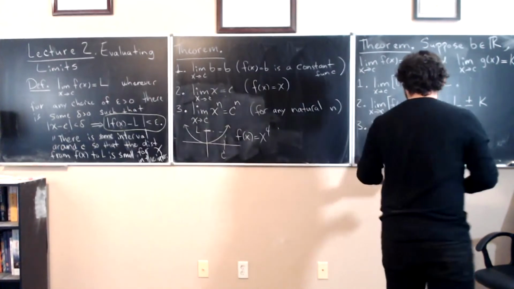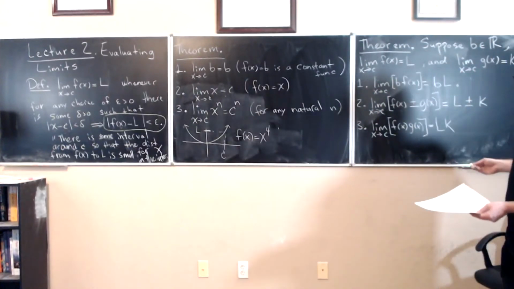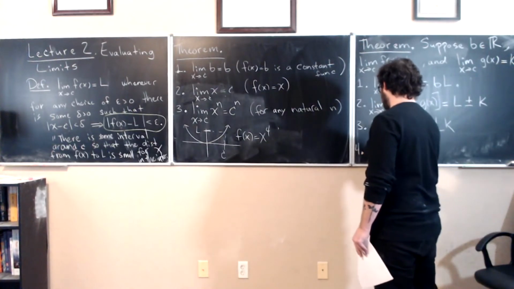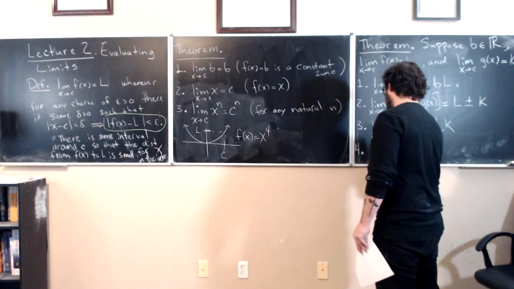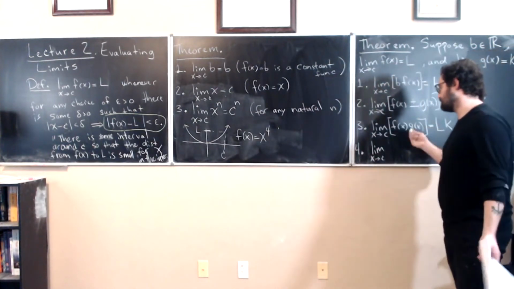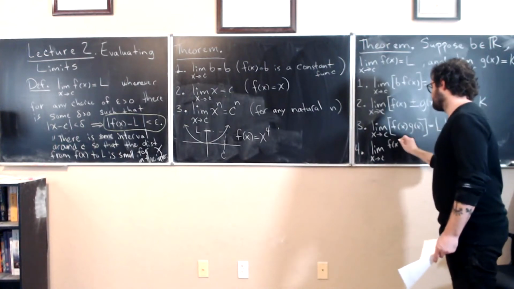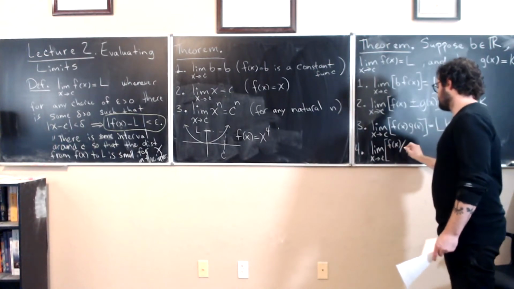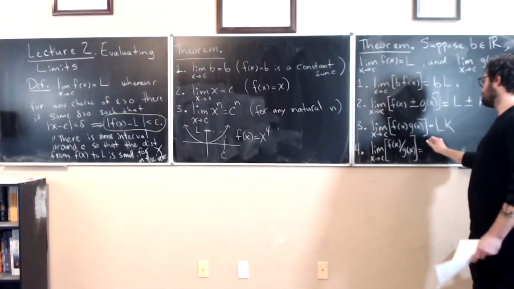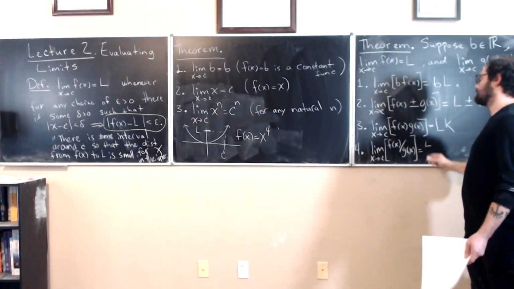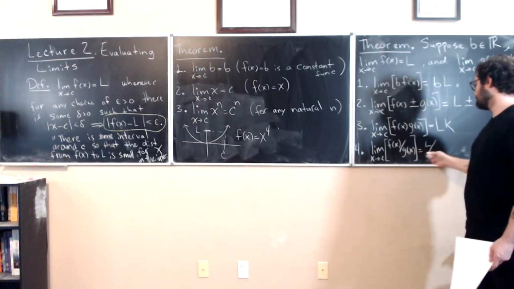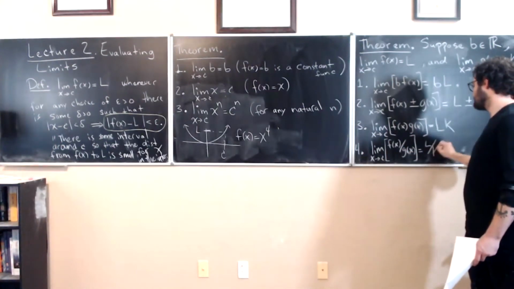And this also implies that the limit as x approaches c of the ratio of these convergent functions is equal to the ratio of the limits.